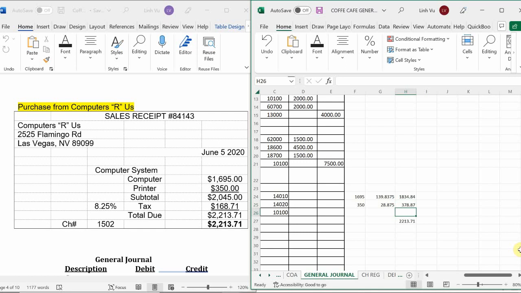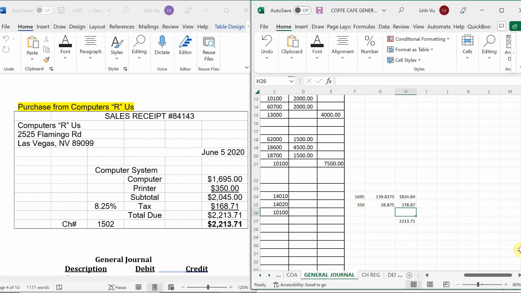So in this case, you have to look at your calculations. Now, here's also a rule of thumb. Most likely, you are more likely to increase the higher amount because you're likely to pay higher taxes, right? So if you can't figure the number out that way, your go-to place is, well, if I'm spending $1,695 compared to a $350 printer, I'm going to pay more taxes to my computer system than I am to my printer, right?